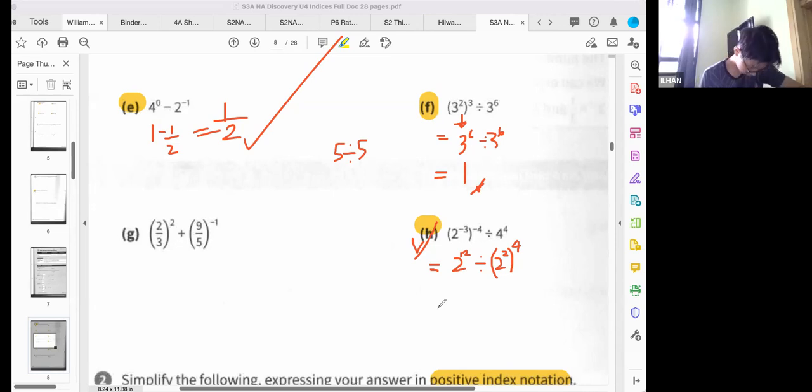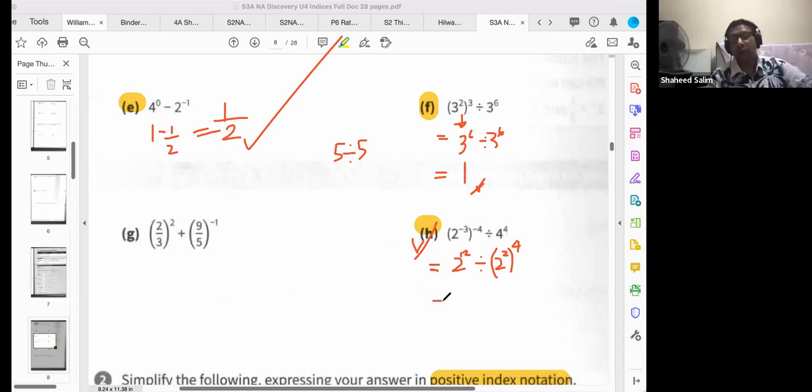Sixteen. Well done. So down here you get 2 to the power of 12 minus 8, because this one is 8, right? So you get 2 to the power of 4. 2 times 2 times 2 times 2 is 16. Well done.